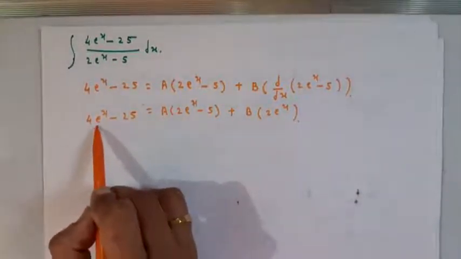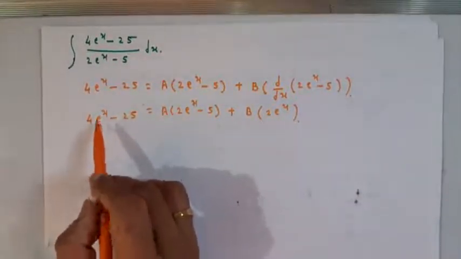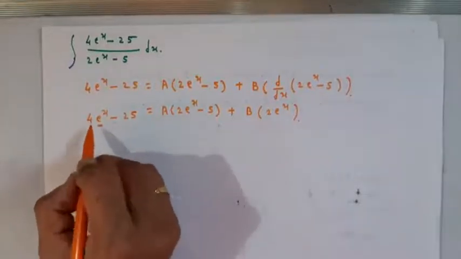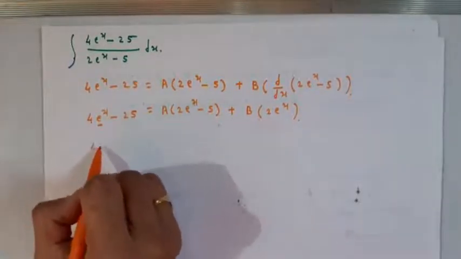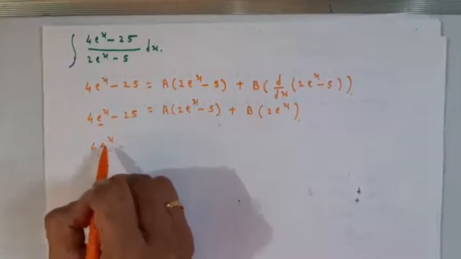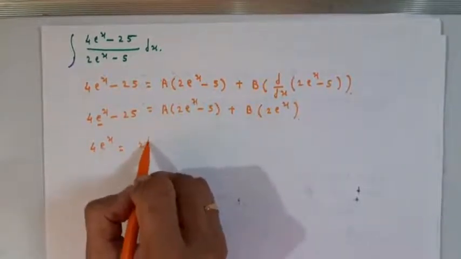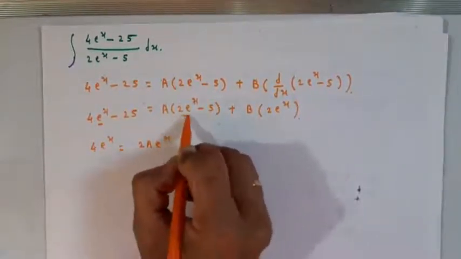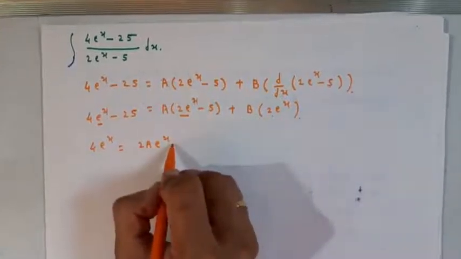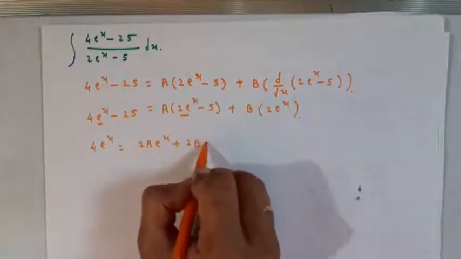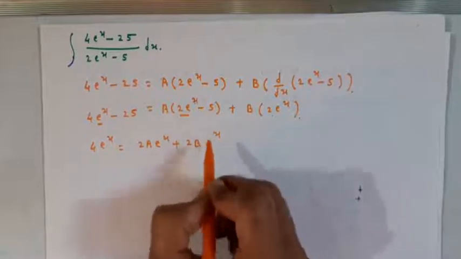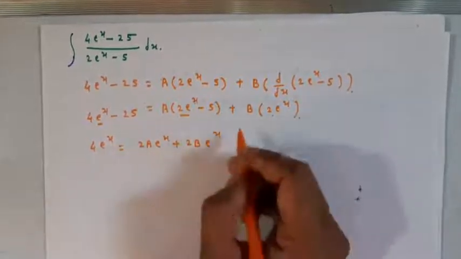But here e raised to x is there, so take the coefficient of e raised to x for comparison. 4 e raised to x, then 2a e raised to x, and here 2b e raised to x. So common out e raised to x and cancel.